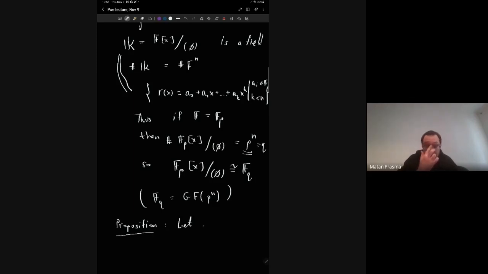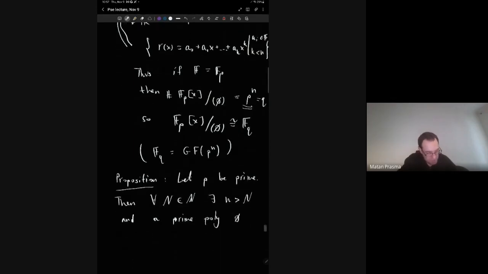Let p be prime. Then for any integer n, there exists some n' bigger than n and a prime polynomial phi of degree n'.